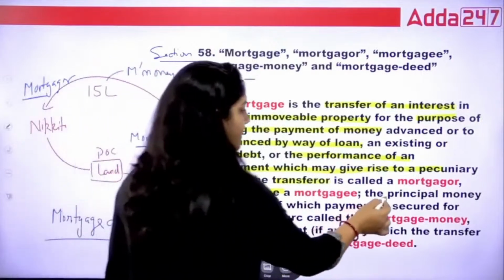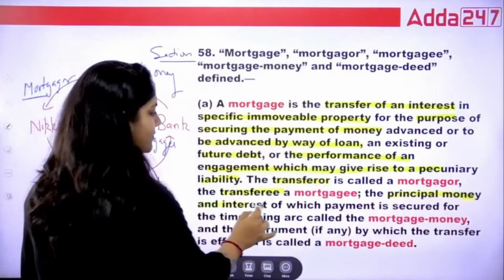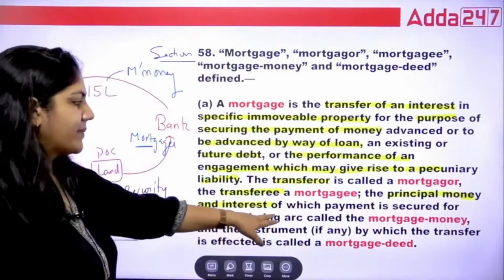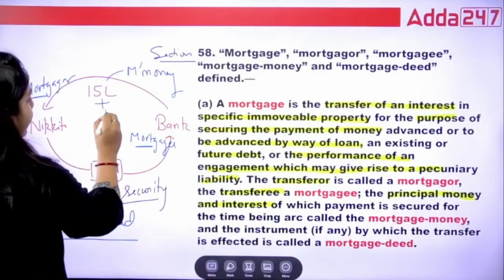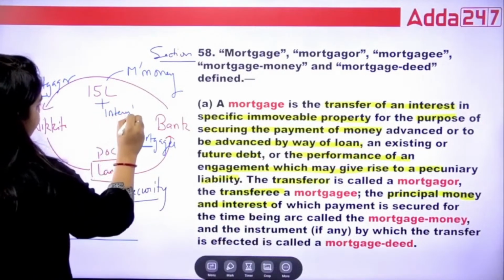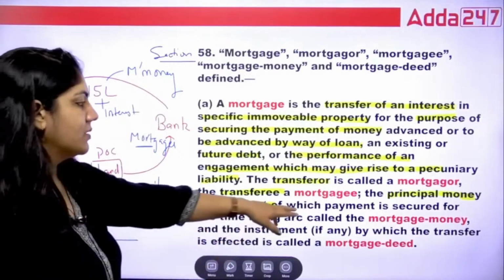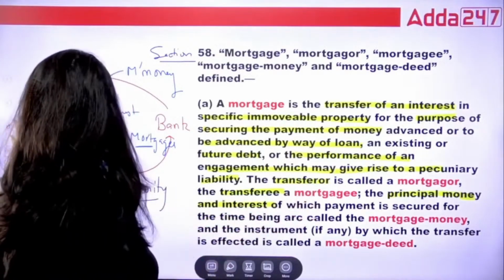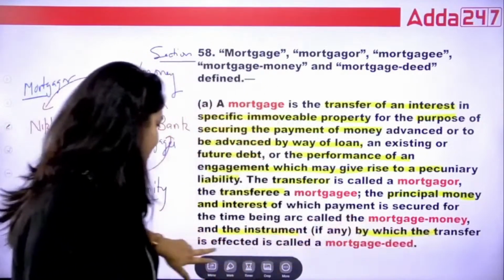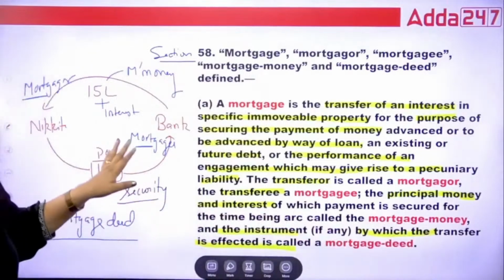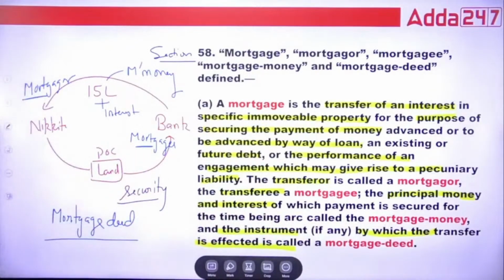Mortgage money: the principal money and the interest, the payment of which is secured, is called mortgage money. It means 15 lakh plus whatever interest Nikita ma'am has to give. This is called mortgage money. And the mortgage deed, as you can easily see, is the instrument by which the transfer is effected. So this is the best example to understand the term mortgage.